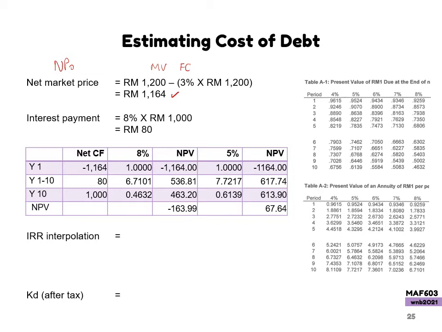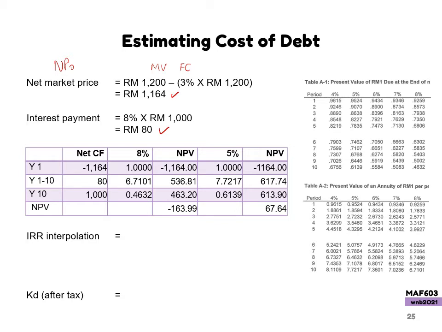The next thing, you need to find the interest payment. So, ingat soalan dia kata tadi, interest payment dia adalah 8% daripada par value. So 8% daripada par value 1000 setiap tahun. Dia kena bayar interest on debenture tu sebanyak RM80. Okay.